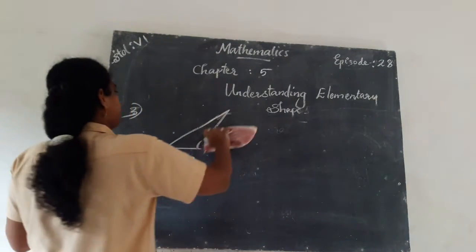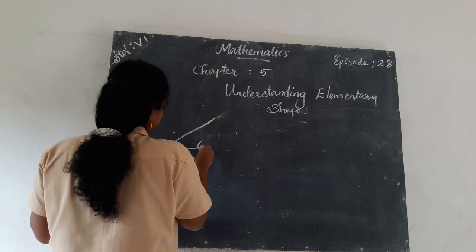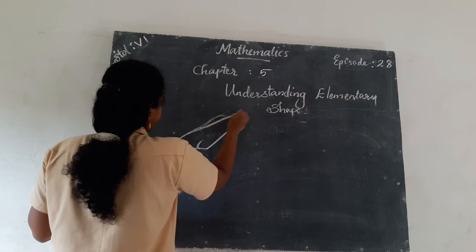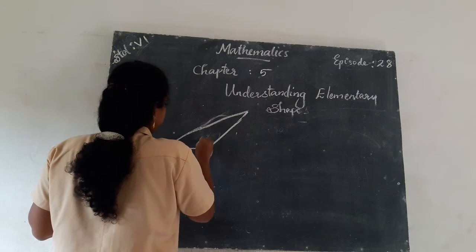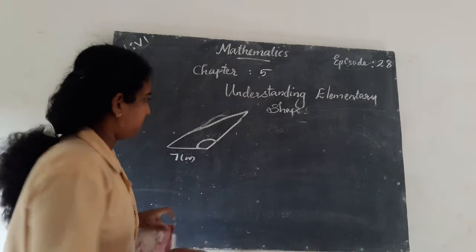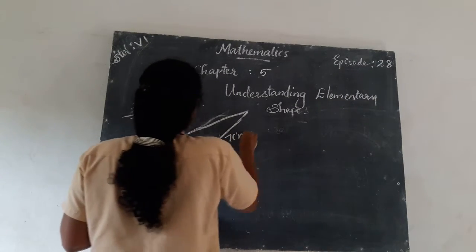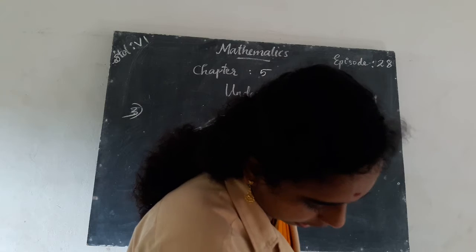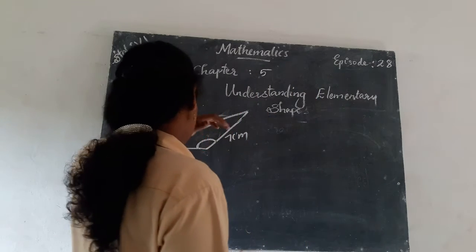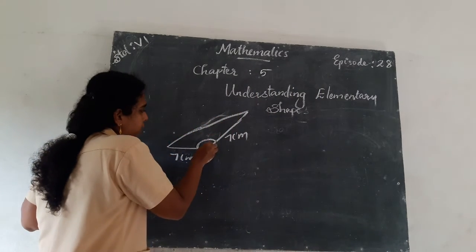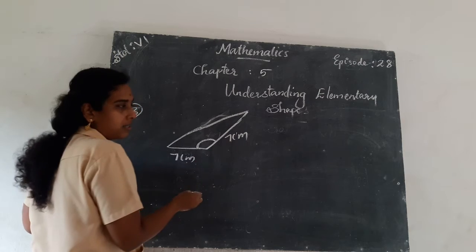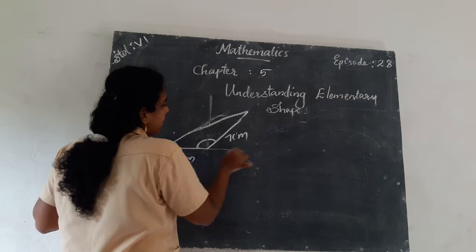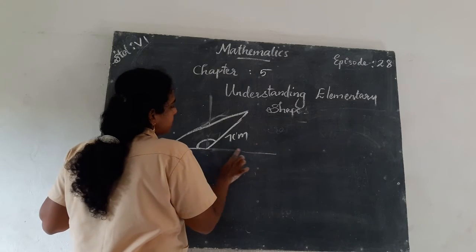Here these two sides of the triangle measure 7 centimeter. And one of the angles is an obtuse angle, which is more than 90 degrees and less than a straight angle. 90 degrees is like this, this is more than 90 degrees, and a straight angle is like this, and it is less than a straight angle.